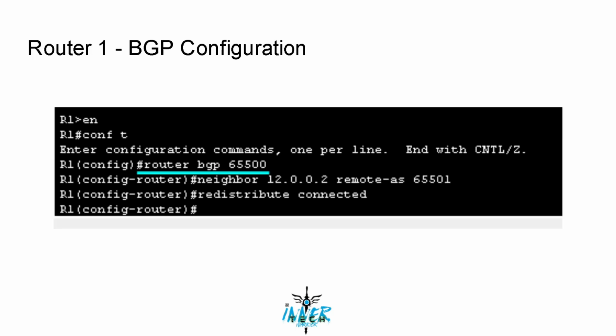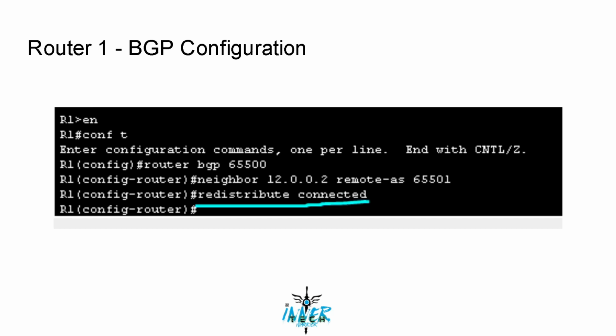So let's see what our configuration looks like so far. We got router BGP 65500 to say we're in autonomous system 65500 and we want to go into BGP configuration mode. Neighbor 12.0.0.2 remote-AS 65501, which tells the configuration that we're connecting to another autonomous system, remote autonomous system, which is numbered 65501 through router 2's 12.0.0.2 interface.